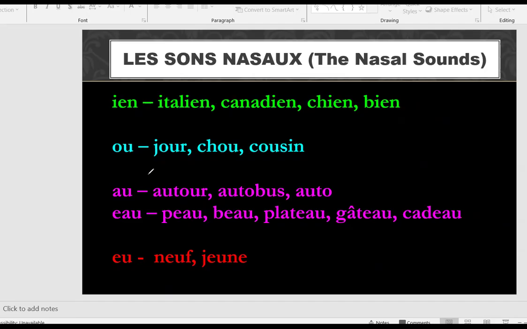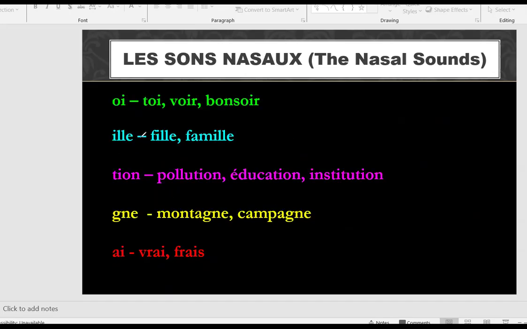So please make the notes very, very properly of these sounds because I will be doing the reading drill as well. We have to use these sounds. The next combination is OI, the sound of this is OA.